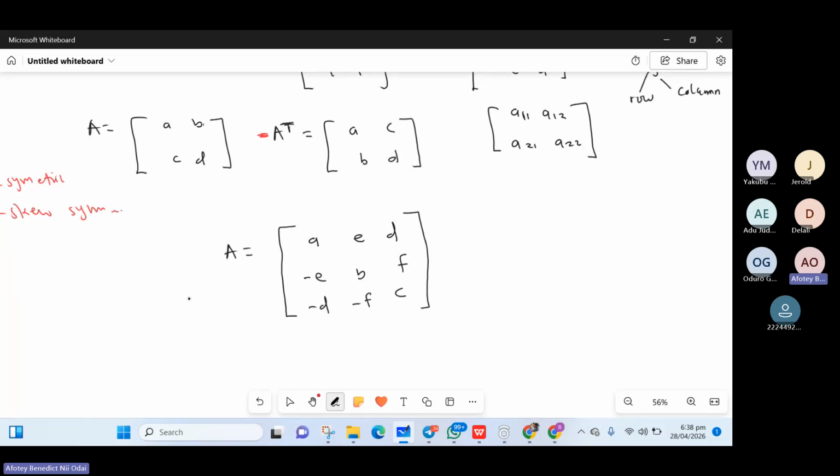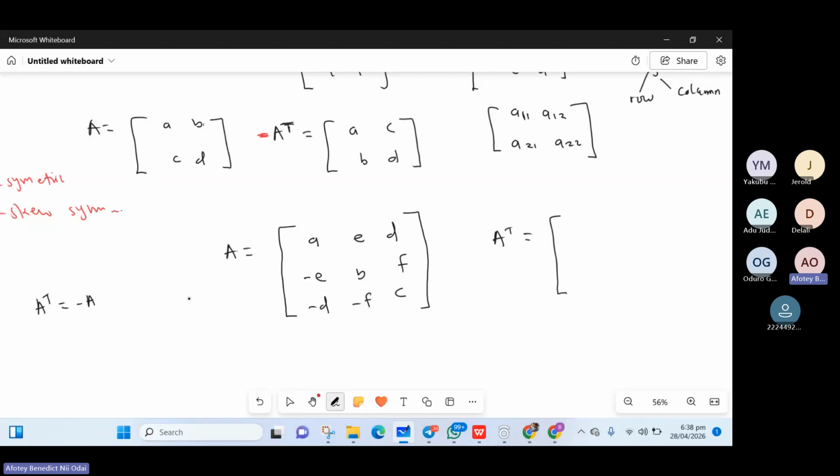Now, the reason why you can't just represent it by any of the terms is that when you find A transpose, you should get negative A. That's what makes it a skew symmetric matrix. This section of the class is a bit boring, but please stay with me. If you don't get something, kindly stop me before I proceed.